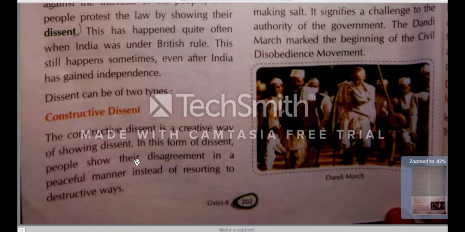They show it in a peaceful manner. And what is peaceful?